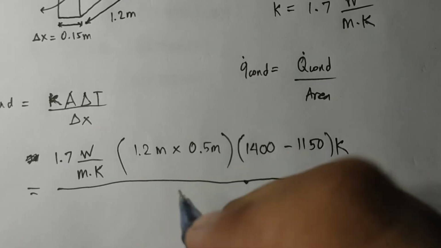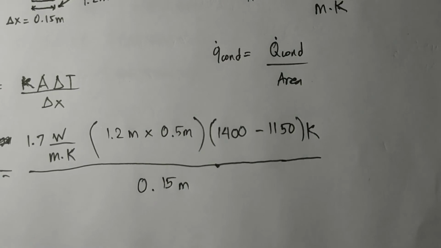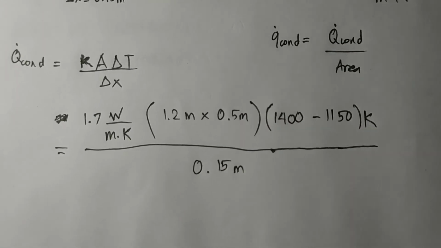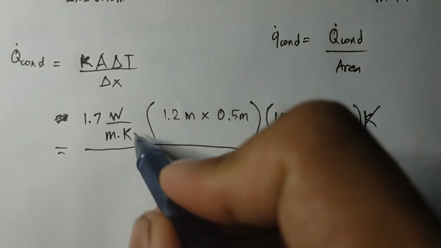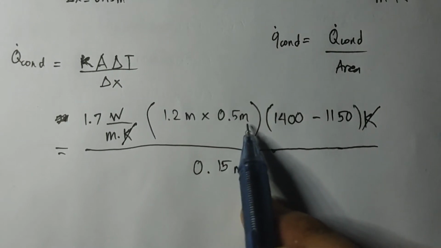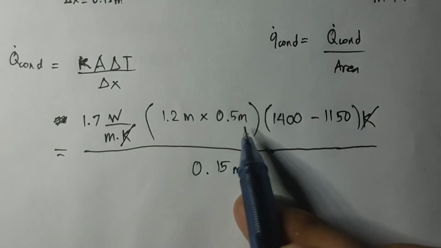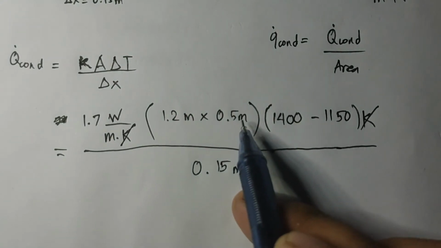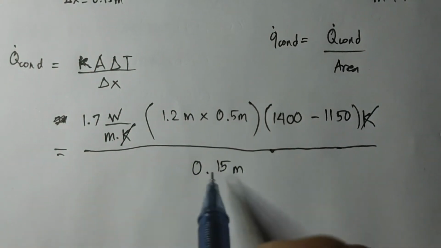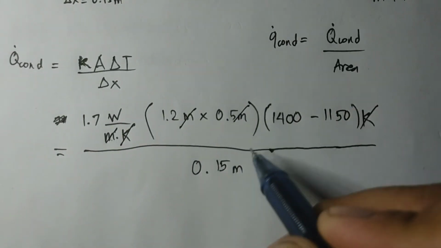Siyempre, huwag mo kalimutan ang thickness. So, may mga magka-cancel dyan. Tingnan natin ang mga magka-cancel na units. K, tanggal. Dito, meron kang meter squared kasi meters times meters is meter squared. Kaya, automatically, since may meter and meter ka dito, magkakansel to, cancel pa to.